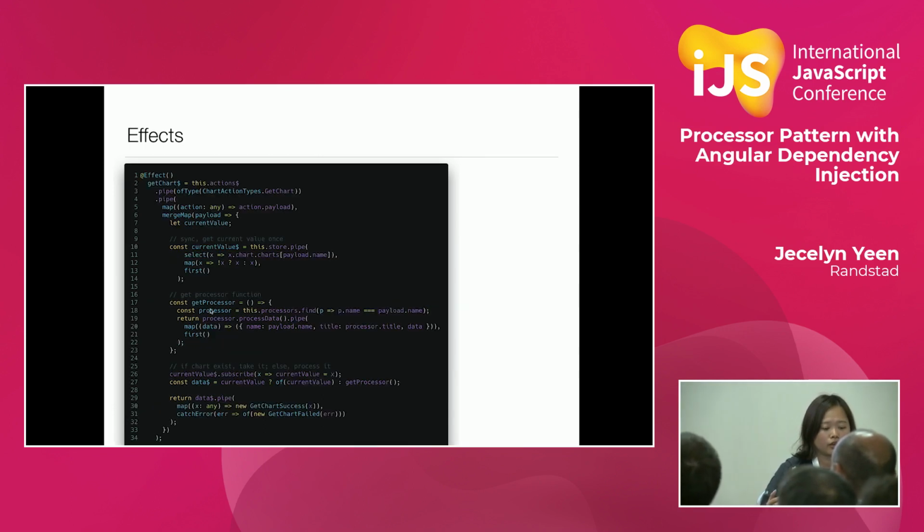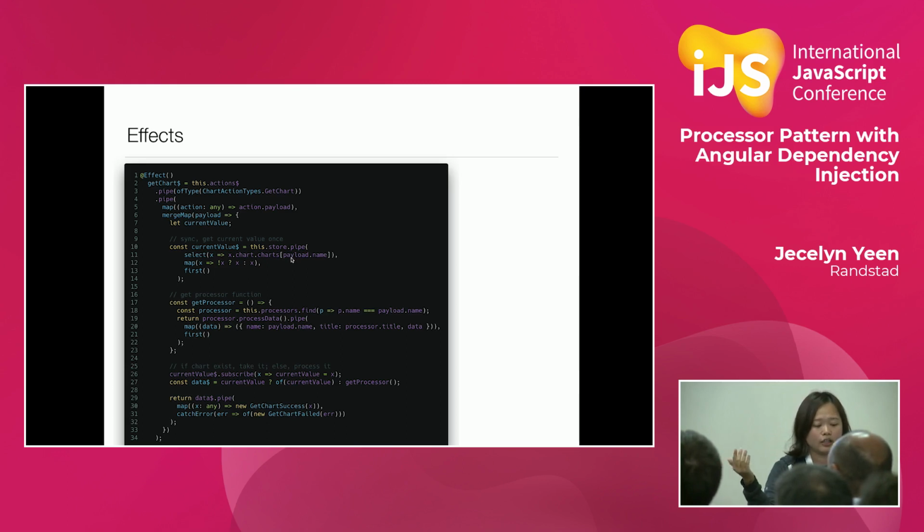Basically, the effects is what we use to call for the charts data and process it. So when the UI passes in, for example, I want to get the data for chart A, this is the function that we'll call. We check whether the chart already exists in our current state. If it already exists, we don't call the API to get it again.